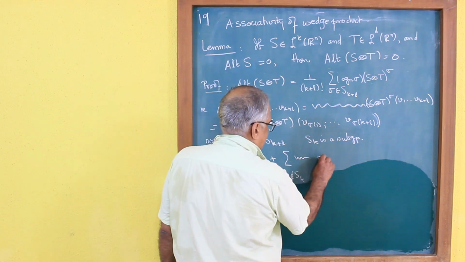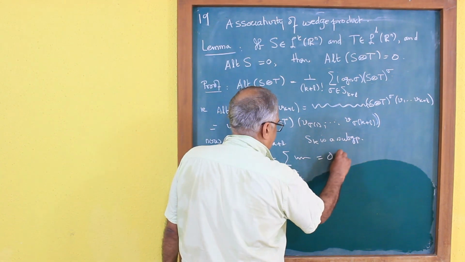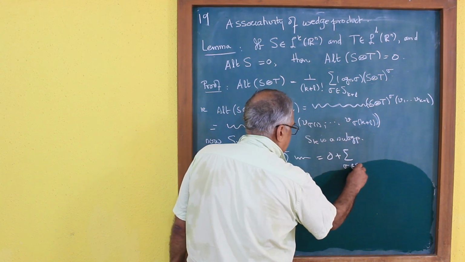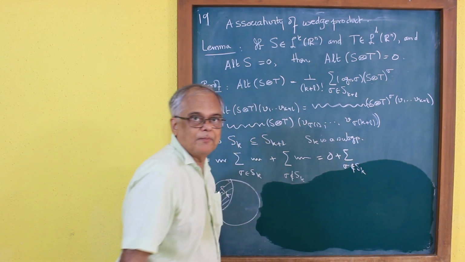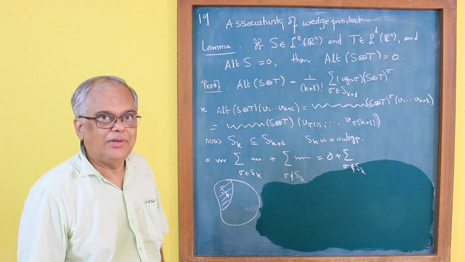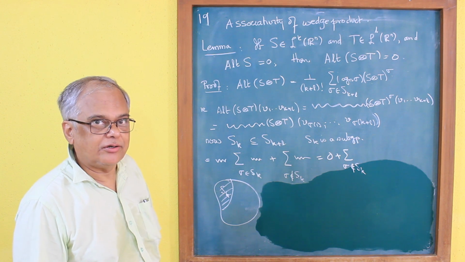So we have this quantity equal to 0 plus the summation over sigma not in Sk. What do I do? I choose some h0 which is not in Sk.